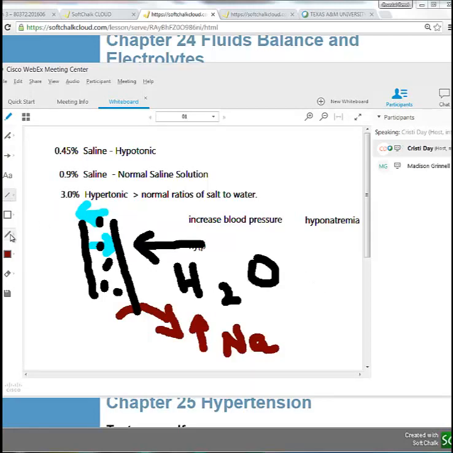So think of it that way. If you have a glass and you're putting little dots of sugar in it, but then you add more water, it decreases the percentage of that solid in the water.